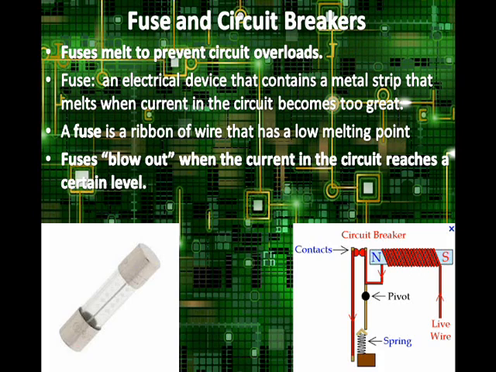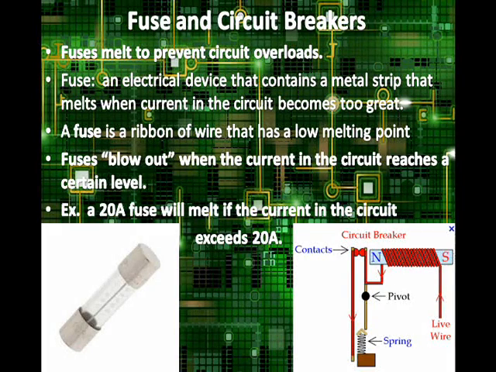So when the current in the circuit reaches a certain level, the fuse will blow out. Now an example, a 20 amp fuse will melt if the current in the circuit exceeds 20 amps. And that way it shuts everything down because it's taking on too much current. And that's actually how it helps and reduces the danger for us.